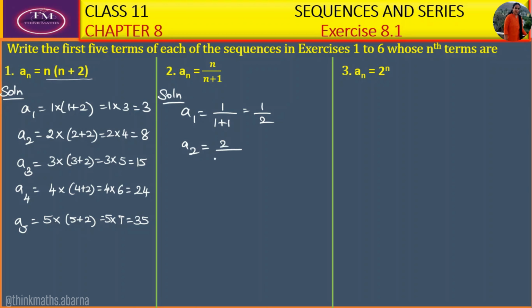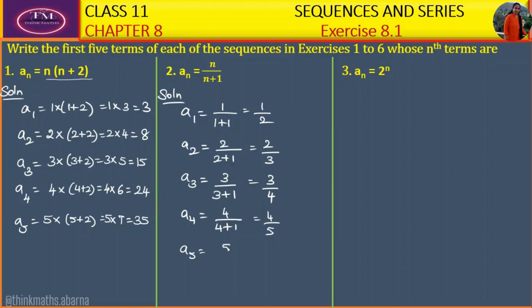So 2 divided by 2 plus 1, which is 2 by 3. Next, A3 is equal to 3 divided by 3 plus 1, so 3 by 4. Next, A4 is equal to 4 divided by 4 plus 1, which is 4 by 5. Next, A5 is equal to 5 divided by 5 plus 1, which is 5 by 6.